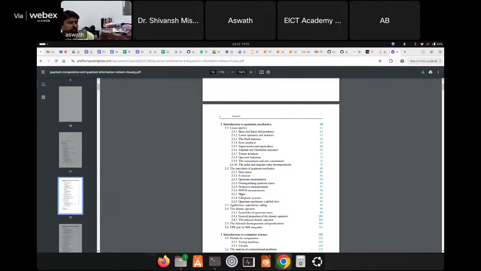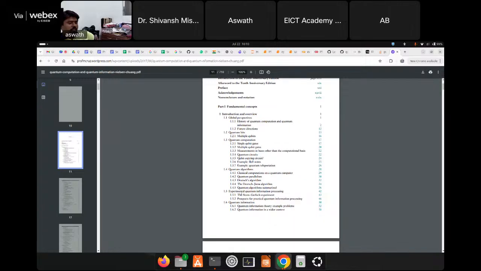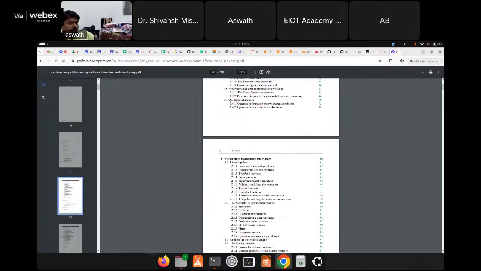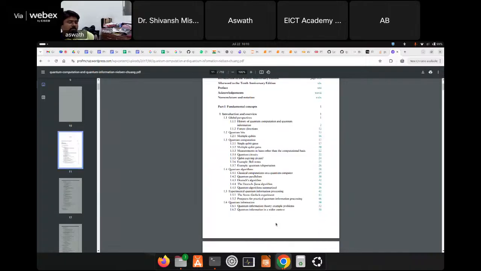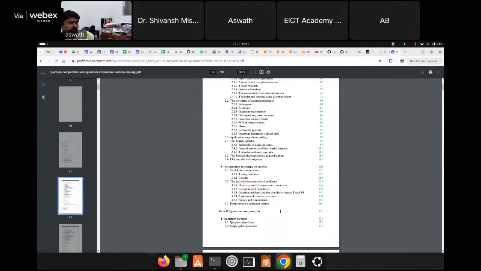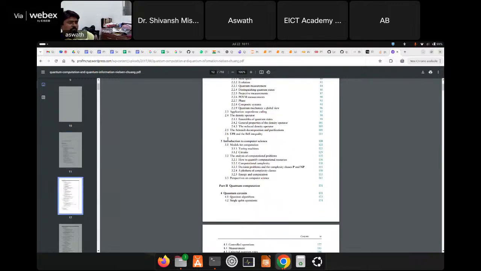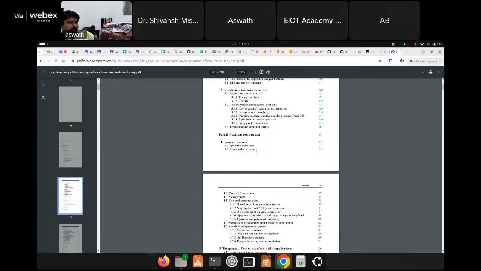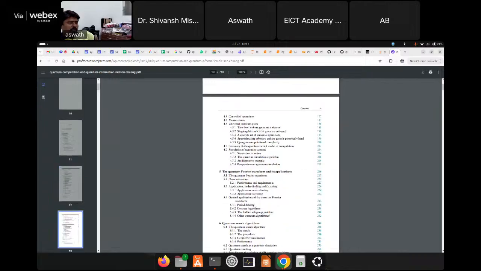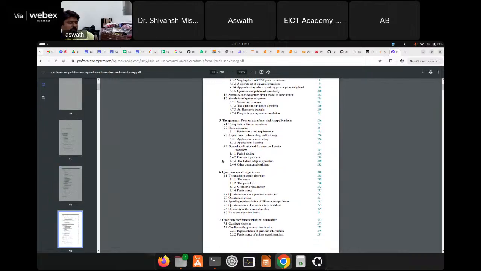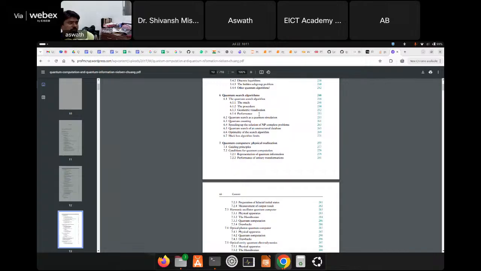If you want to study from the bits, finish the second chapter, then come back to the first chapter. Everything is covered in the first chapter at the initial level, and then you go on to the advanced parts. Even the Turing machine is there, quantum computation, quantum circuits, quantum Fourier transform, search algorithms, Shor's algorithm, all those things are there.